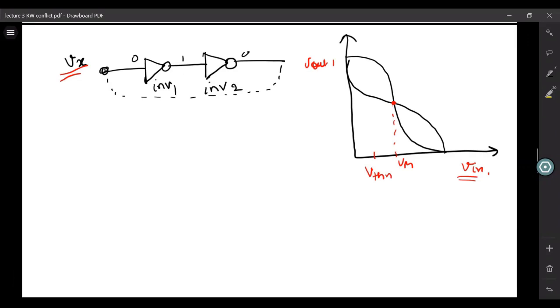As I told, if you are at this state A, I mean you were initially at state A, and now we start to apply a voltage which is Vx. So we start from this state A and we apply some voltage, which is Vx.